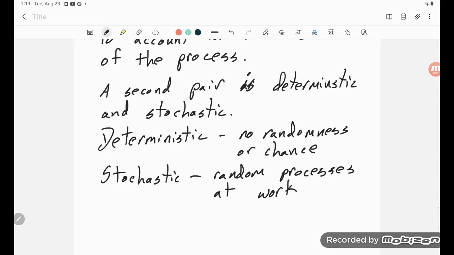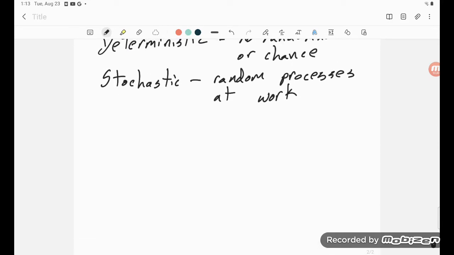Okay, and so in these broad strokes, we can have 4 different broad classifications of models. We could have empirical and deterministic.